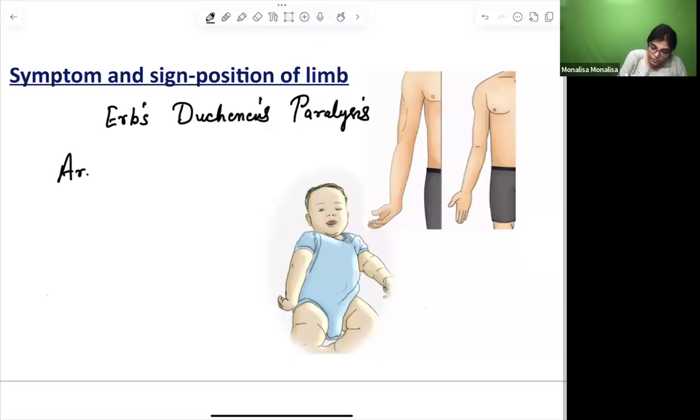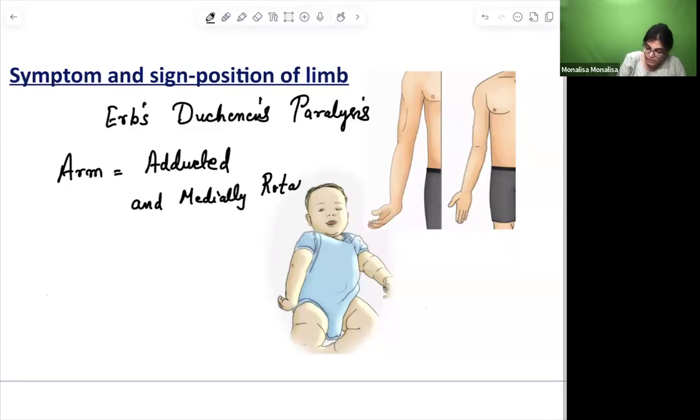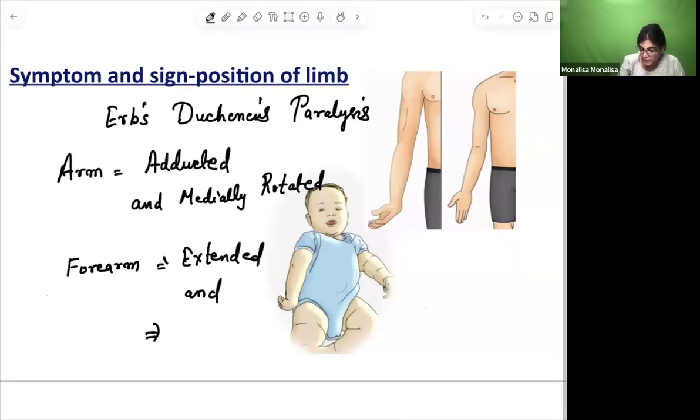The arm of the baby or the man who is injured will be adducted and medially rotated, and the forearm will be extended and pronated.